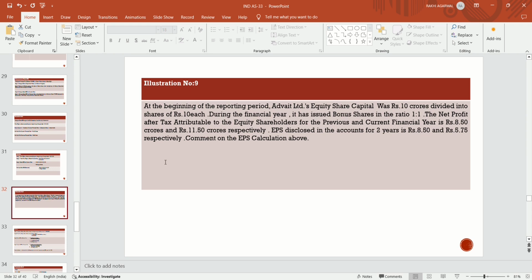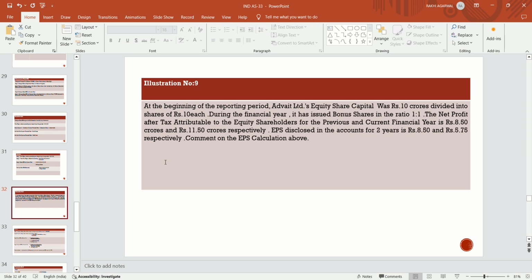The net profit after tax attributable to the equity shareholders for the previous and current financial year is rupees 8.50 crores and rupees 11.50 crores respectively. EPS disclosed in the accounts for the 2 years is 8.50 and 5.75 respectively. Comment on the EPS calculation above.